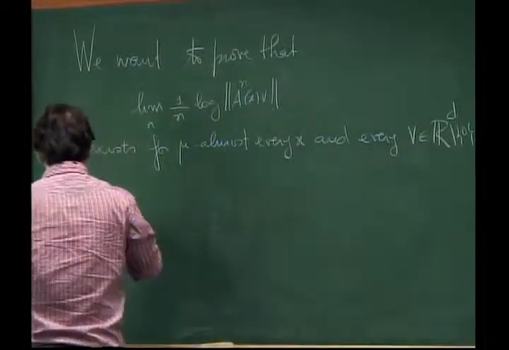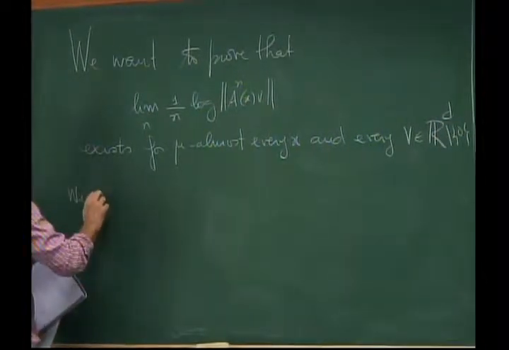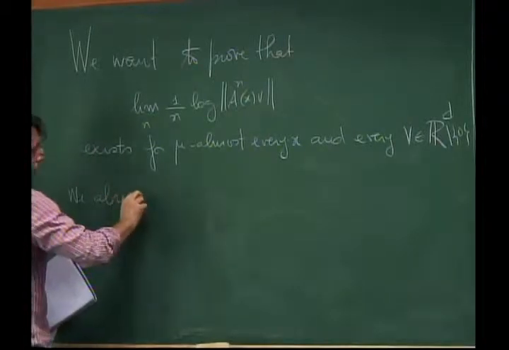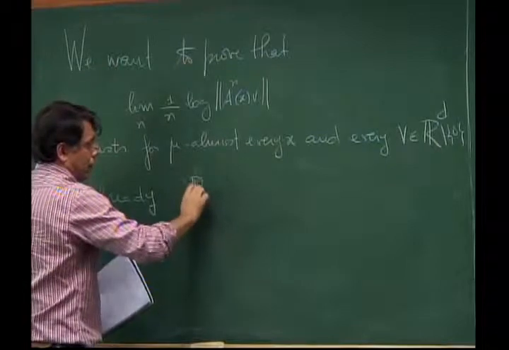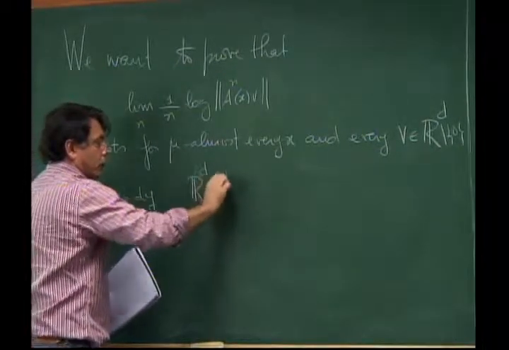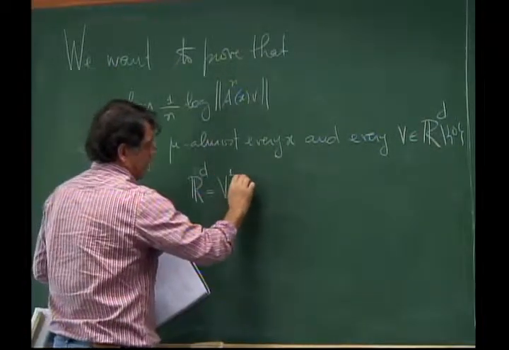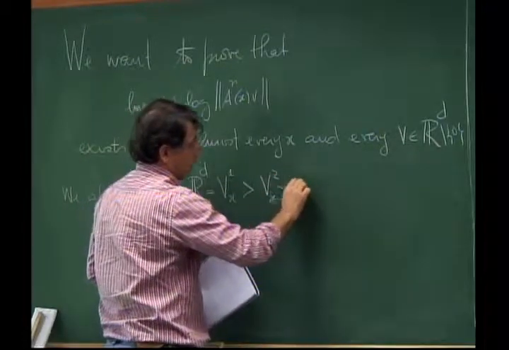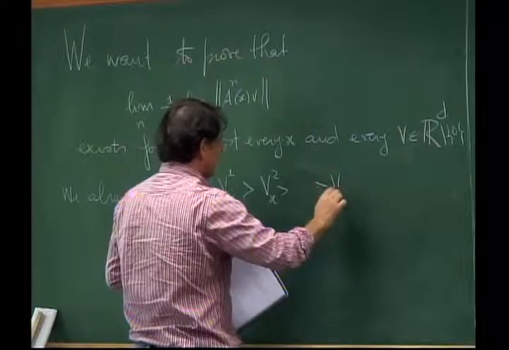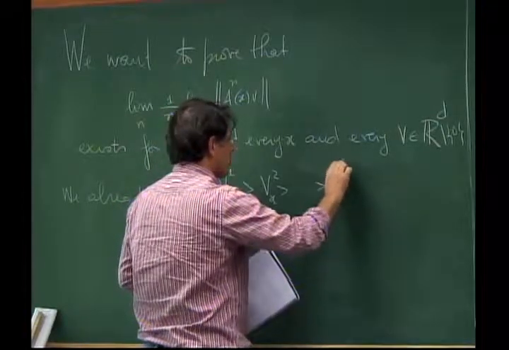Now we already have the flag R^d equals V_1(x), which contains V_2(x), and so on. This was already defined very near the beginning of the proof, actually.